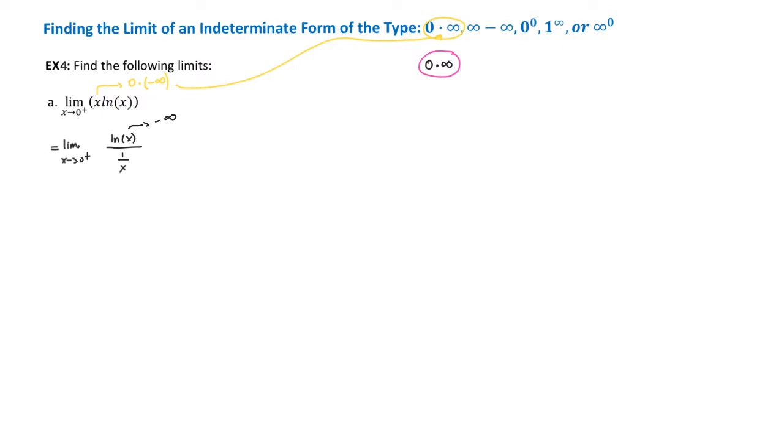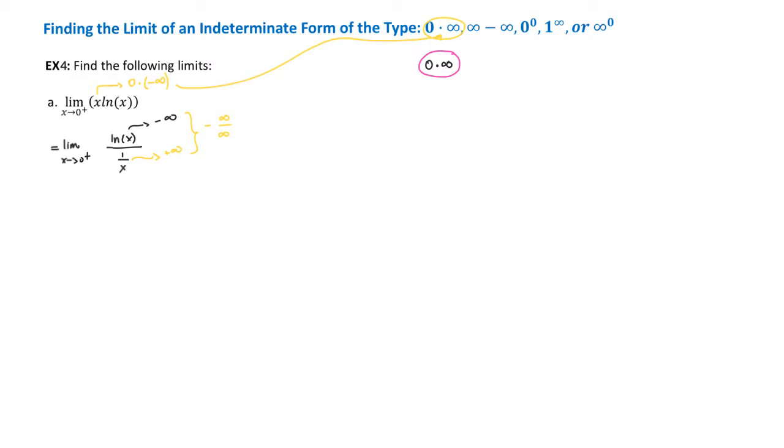And the denominator, as x approaches 0, 1 over x is approaching positive infinity. So now notice how we have negative infinity over infinity. That's the classic form of indeterminacy that allows us to use L'Hopital's rule.